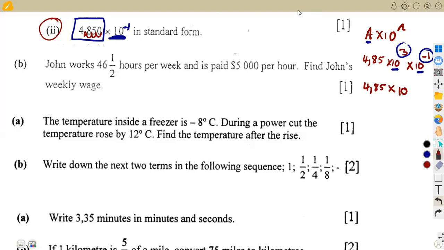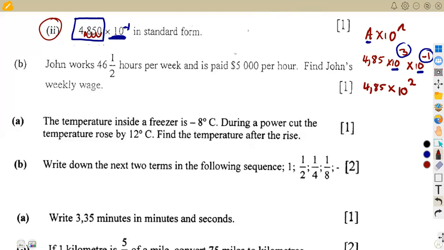So 3 plus -1 is going to be what? Is going to be a 2. And so meaning to say on this one, we are going to obtain a 2. I don't know if we are together. So that was the idea of this part here.